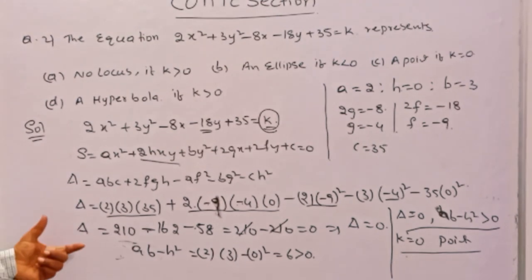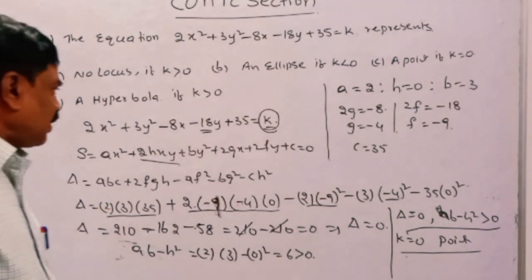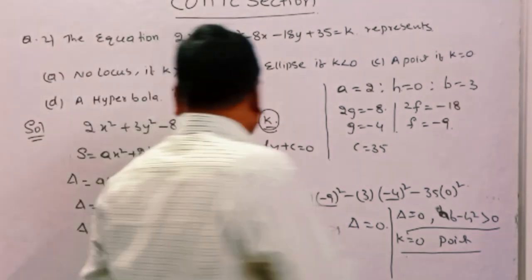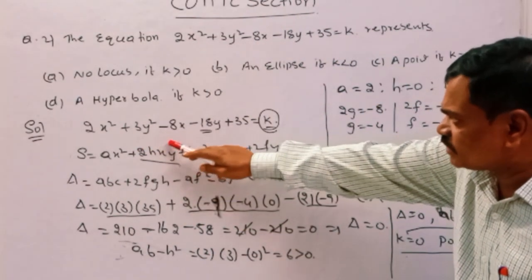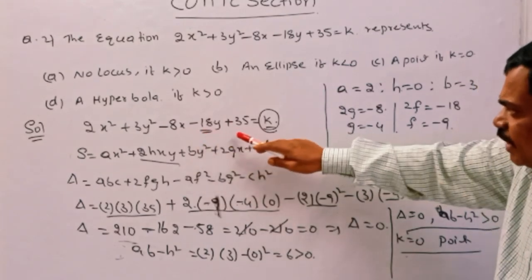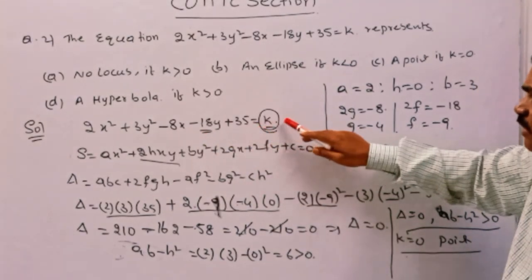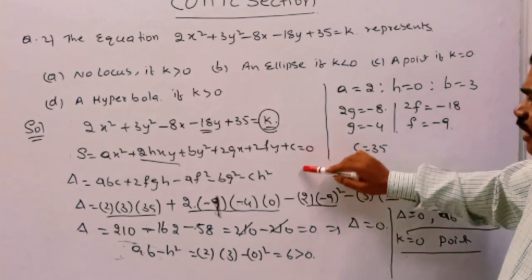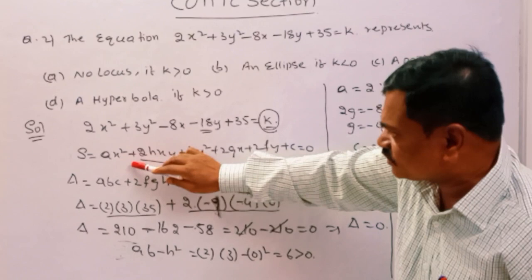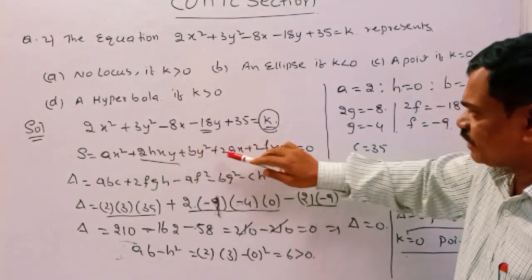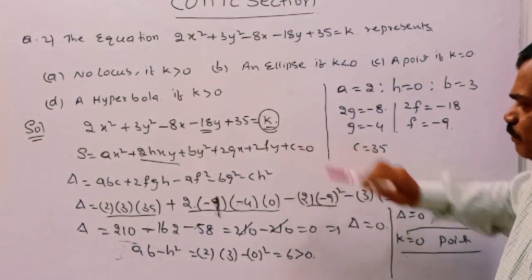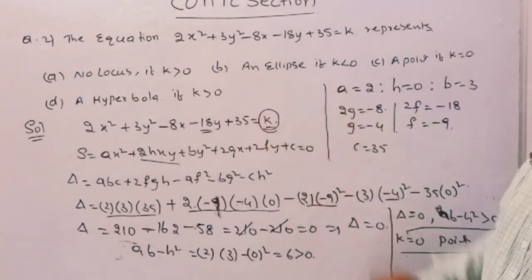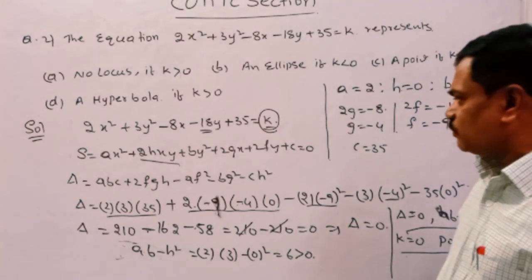Once again, see the given conic equation: 2x² + 3y² − 8x − 18y + 35 = k. The general conic equation is S = ax² + 2hxy + by² + 2gx + 2fy + c = 0. Compare these two, first taking k = 0.